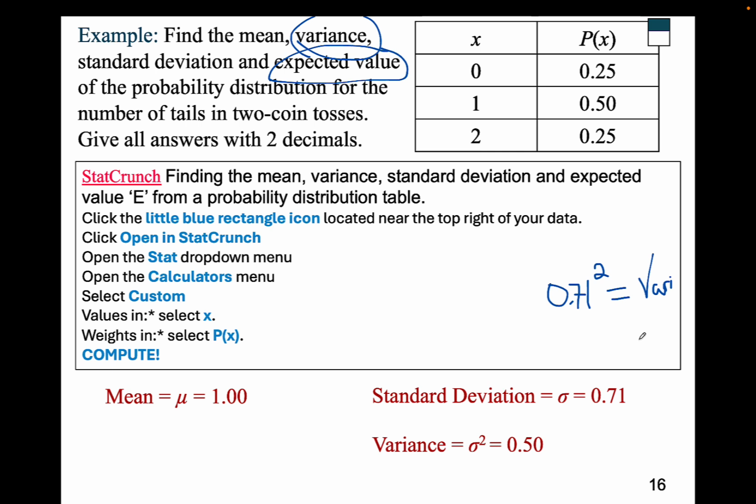And then the last thing we were requested is the expected value. Now, the expected value is always going to be the mean. The expected value of X is always the mean. We're going to use capital E for expected value here, and it is the same as our mean, which was 1.